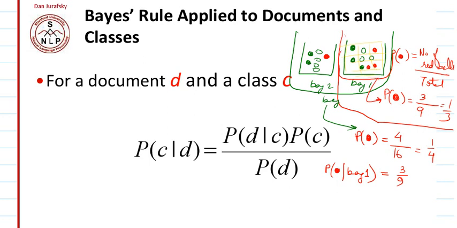So let's first calculate the P of red given bag 2. So this bag 2 is actually this, we have only one red ball divided by 7. So these are the two different probabilities.